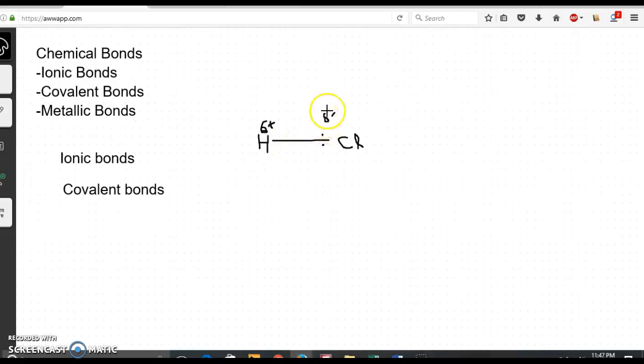Now you see there are two poles in this molecule. Because of this polarization, we call this a polar covalent bond. Remember, this only arises due to the electronegativity difference. Earlier in chlorine, we didn't see this. Why? Chlorine had the same electronegativity in both atoms.